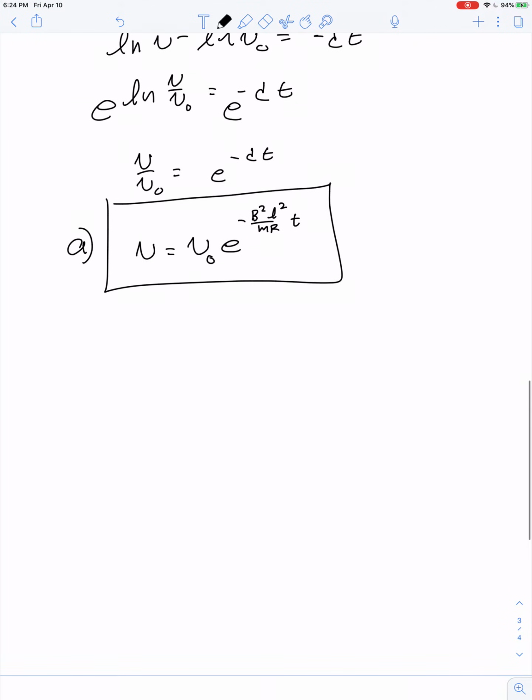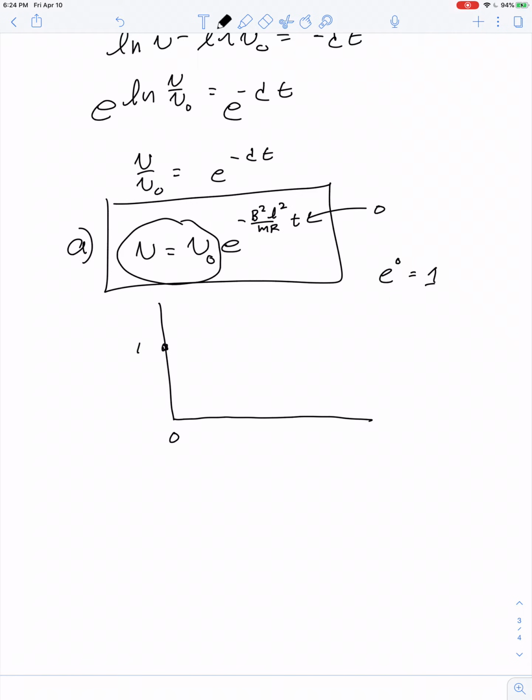That's an equation for velocity as a function of time. And let's see if it matches our hypothesis. If we let t equal 0, what do we get? Well, e to the 0 is equal to 1. And so we would just have at time t equals 0, v equals v naught.